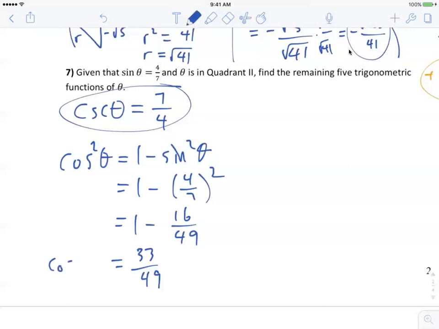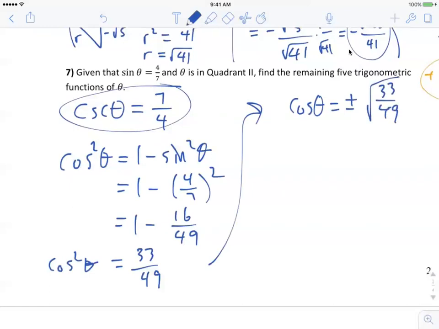And then finally square root both sides. So cosine theta is plus or minus square root 33 over 49. Where you choose plus or minus comes from which quadrant you're in. What do you know about cosine in quadrant 2?